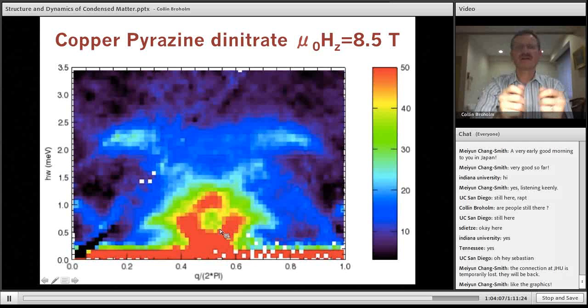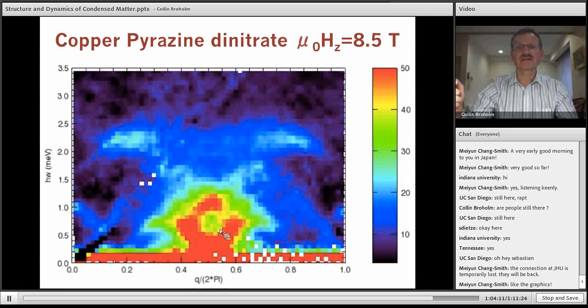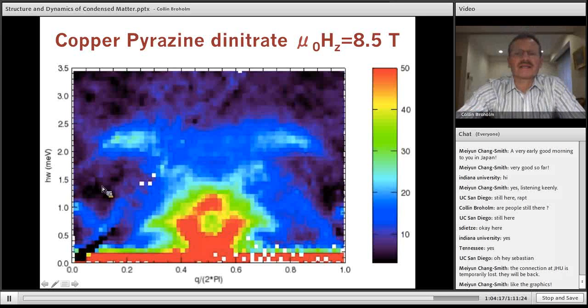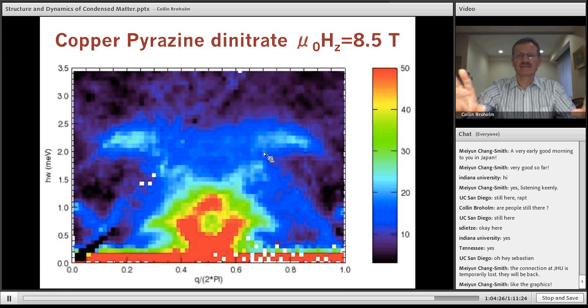Even though we're talking about a very, very simple system of interacting spin 1/2 degrees of freedom, once we apply a field, we get into something which is actually quite interesting and complicated. And it's one example again in which I can't describe my excitation spectrum, even at zero temperature, as being simply sharp dispersive modes of excitation. I have a continuum. It doesn't make it less interesting, it makes it more interesting.